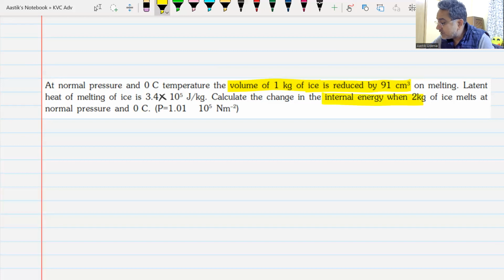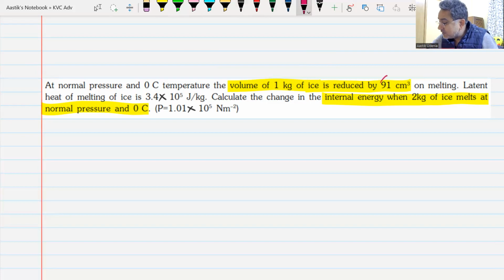Same question as JEE. When 2 kg of ice melts, the atmospheric pressure is given as 1 into 10 raised to the power 5 Newton per meter square. Let's see if you can give me the answer in the simplest way.